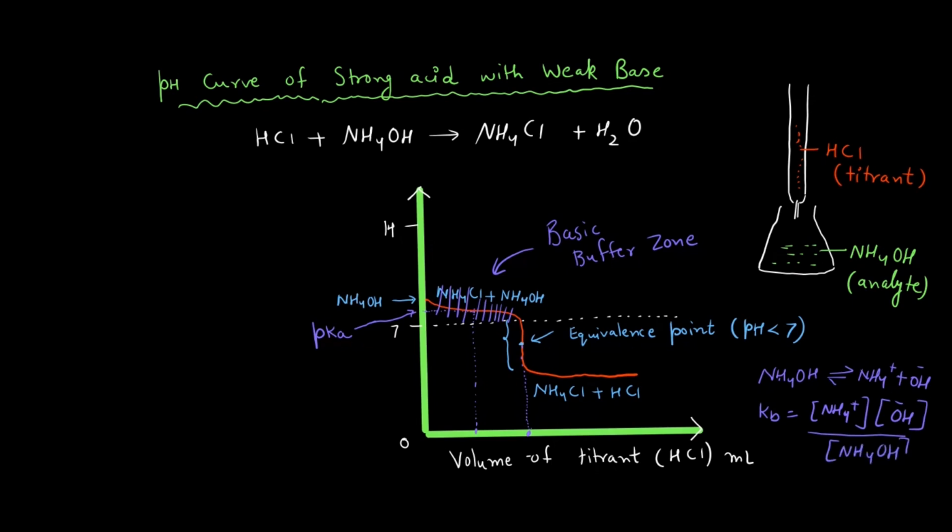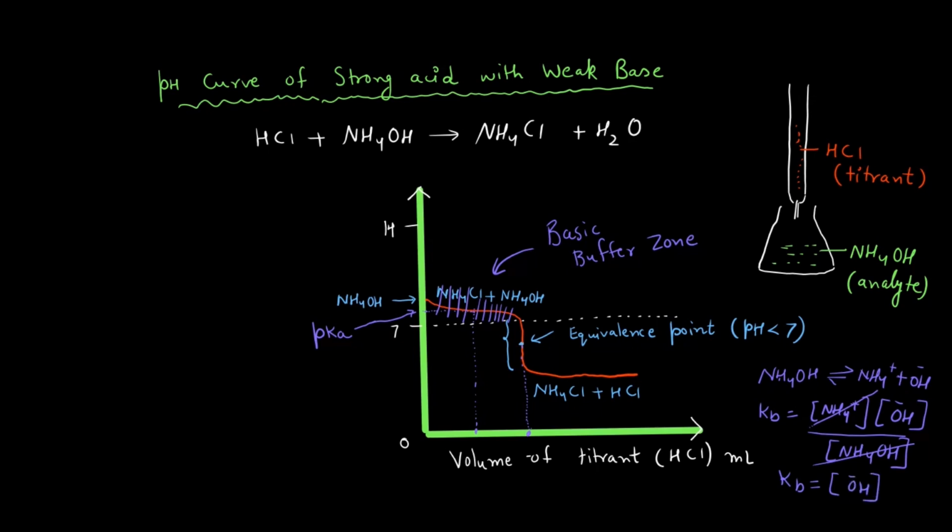Now when half of the ammonium hydroxide has been converted into ammonium ion, the concentrations of both will be the same, and then in this formula we can cancel them out, and then Kb equals the OH negative concentration.